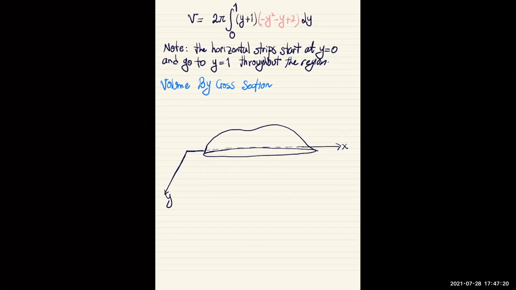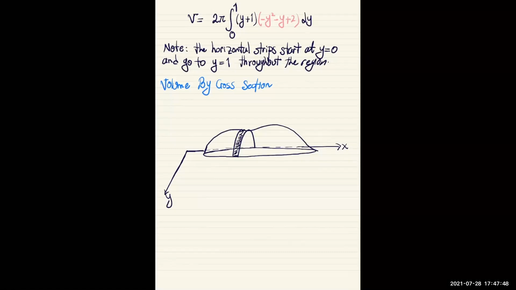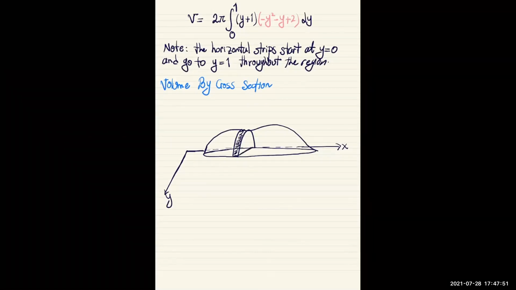Well, what you do is just cross section. Just take pieces of it. Take a knife, basically, and cut through. Take a slice out. Imagine I cut through like that, and I take a slice out, like a loaf of bread. How do you find the volume of this weird looking solid that I drew?